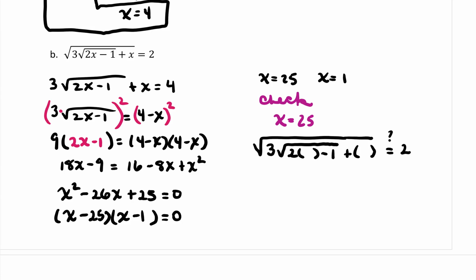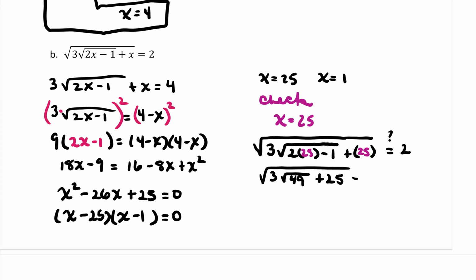So let's replace inside those parentheses with 25. We're going to use order of operations to simplify the left-hand side. So we have the square root of 3 times, well, 2 times 25, that's 50, 50 minus 1, so we get the square root of 49, and then plus 25.